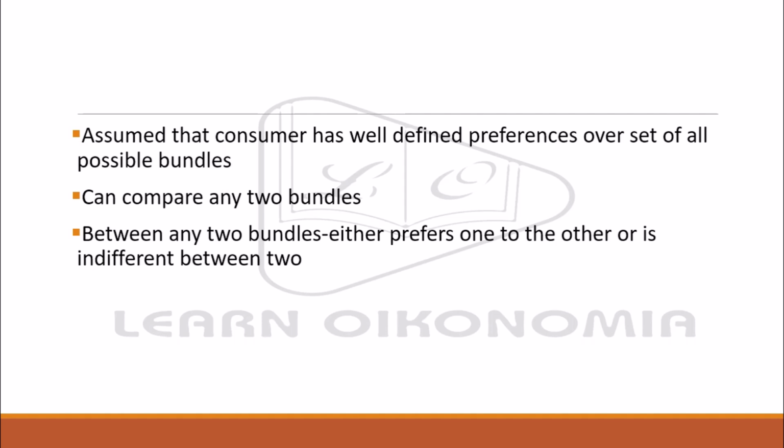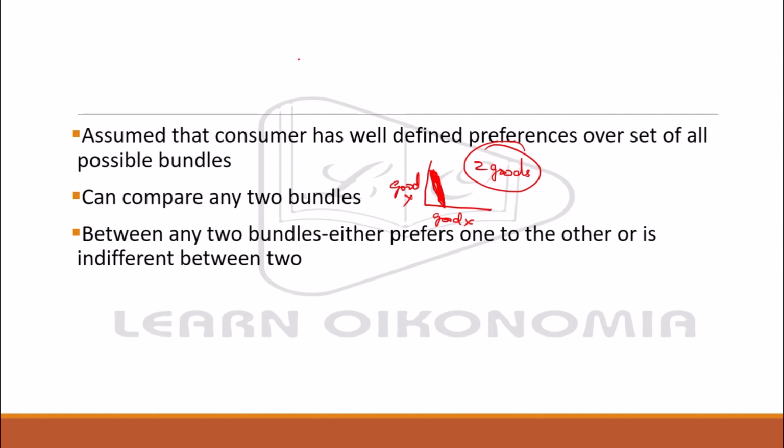So if you have something like this, you measure two goods here, and if this is the budget line, you have to see that if you are staying on this particular budget line, this shows all the possible combinations of two goods which makes the consumer spend his entire income.